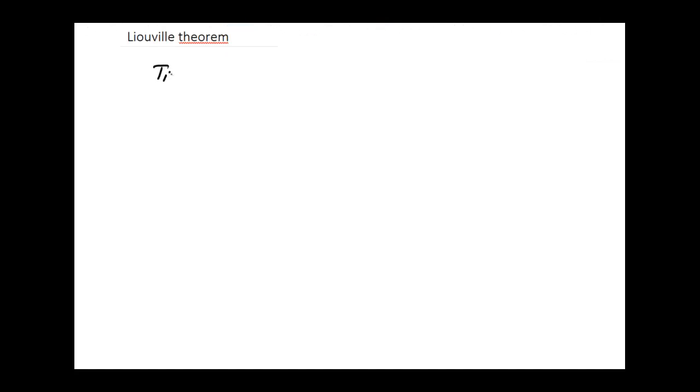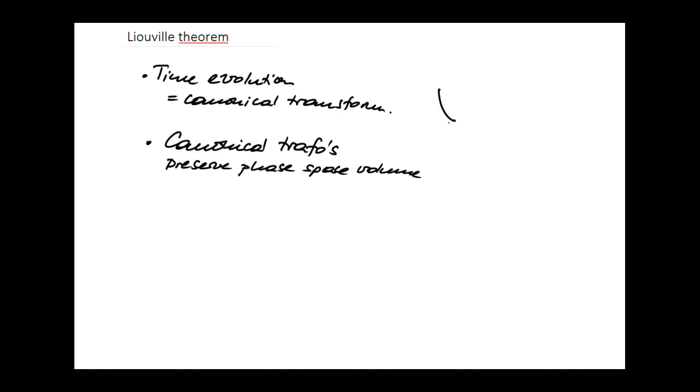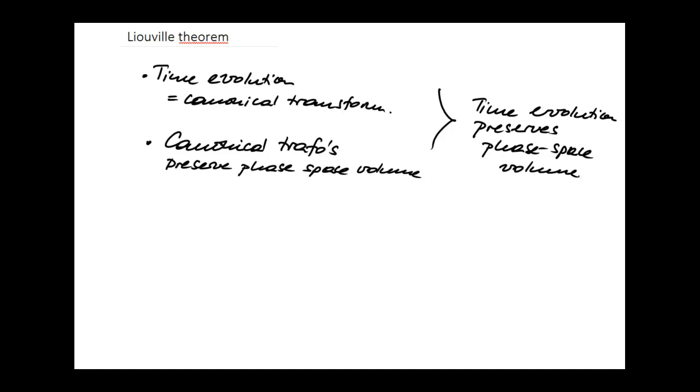We say time evolution can be viewed as a canonical transformation. Secondly, we know that canonical transformations preserve phase space volume. Taken together, this means that time evolution preserves phase space volume. And this statement, that's Liouville's theorem. Phase space volume is conserved.